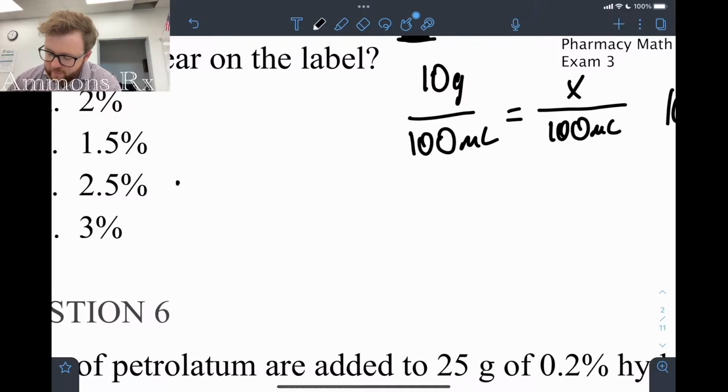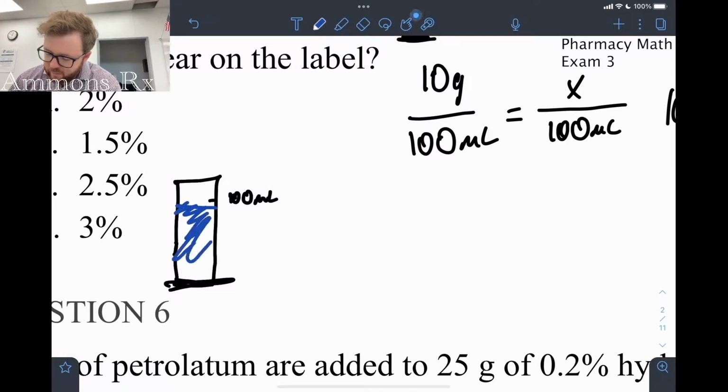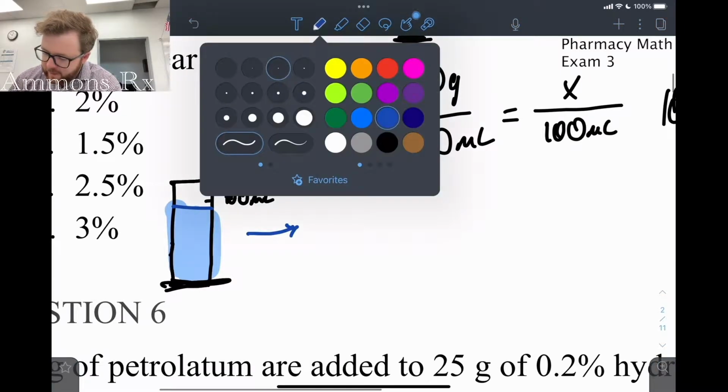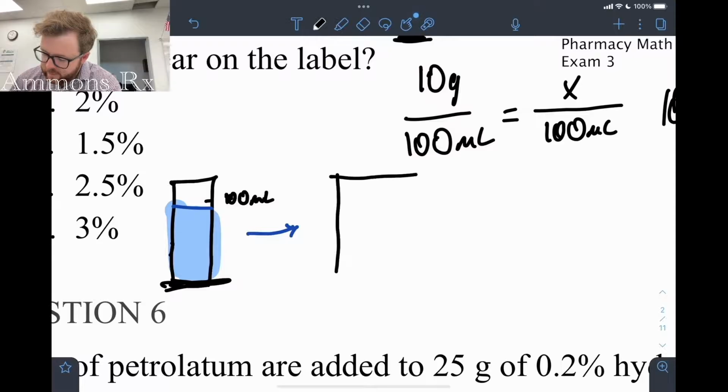We're going to start with our solution. Imagine this is a cylinder with 100 mils of water. I'll go ahead and make it blue. Actually, I'm going to use a highlighter, I think that'll look better. And then we're going to dilute it to a container that is how big? It's going to be 500 mils, so it's going to be bigger.